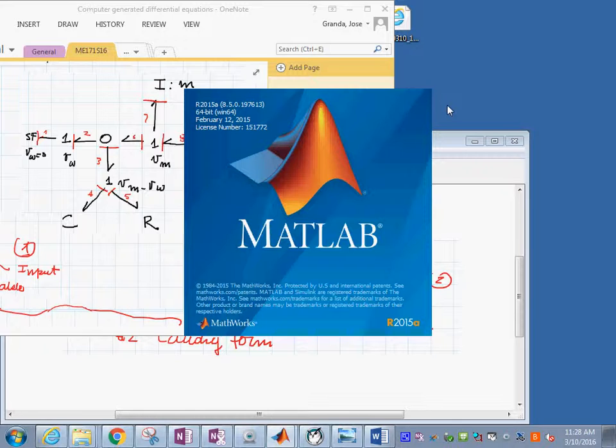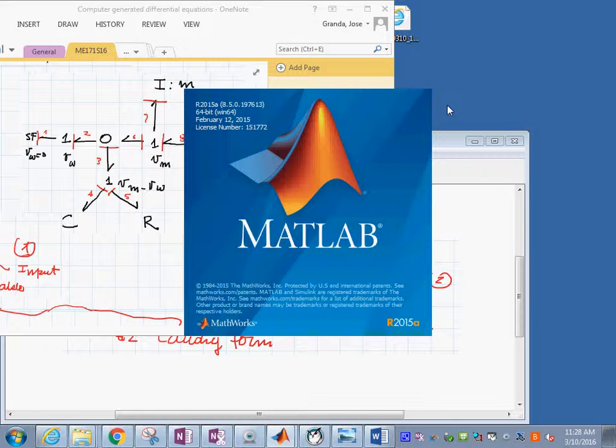What we are concentrating on today is the ability of CAMPG to generate these equations automatically. So that's why we title our lecture today Computer Generated Differential Equations, or we could say an automated method to produce the differential equations in the Cauchy form and in the state space form.